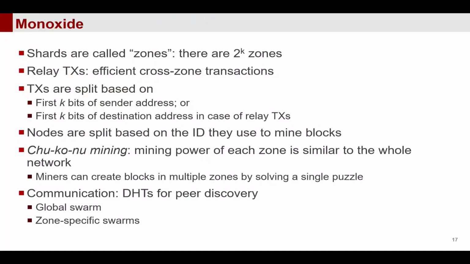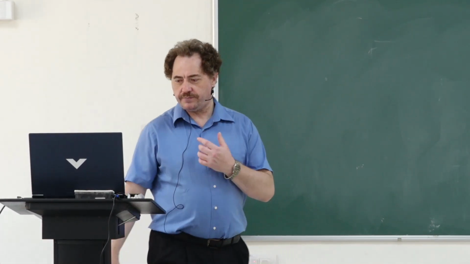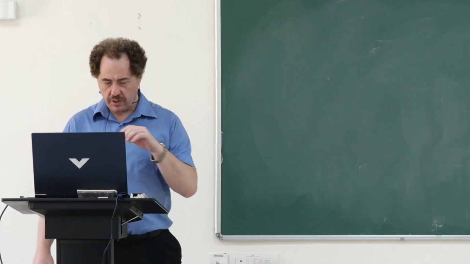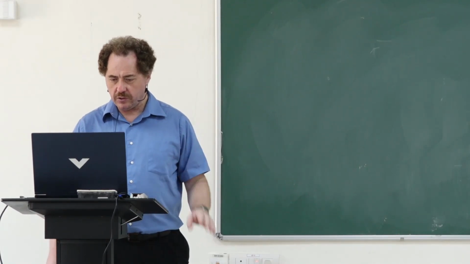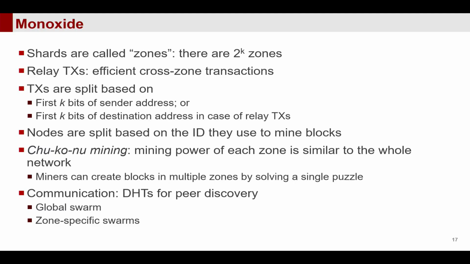One interesting idea of Monoxide is that they use Chu-ko-nu mining. Chu-ko-nu is the word for repeating crossbow in Chinese. The idea is that the mining power of each zone is similar to that of the whole network.